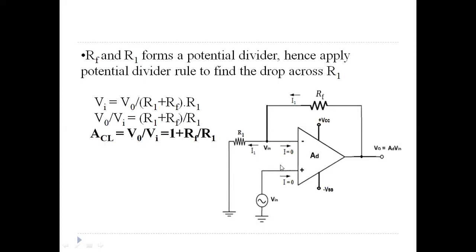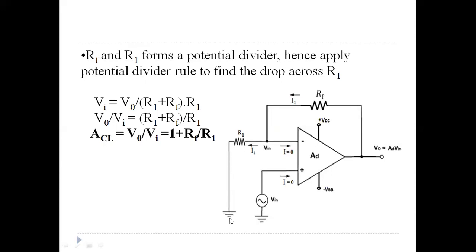In order to calculate the voltage gain in closed loop configuration, for simplicity, here we are applying the voltage divider rule. Consider the initial. Here this terminal is connected to ground. The starting voltage, the voltage at this point is V naught, and here we have the resistance RF. Here we have the resistance R1.